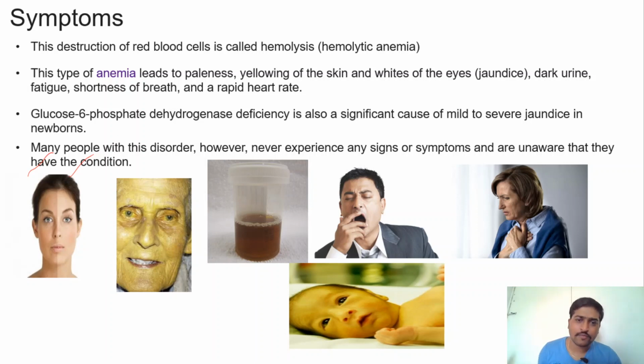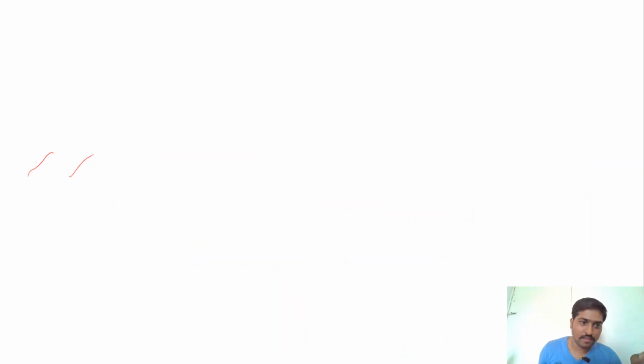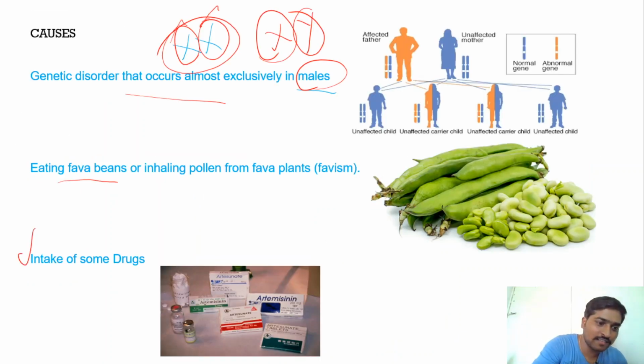And what is the treatment of this particular disease? The treatment is very simple: avoid the drugs which cause G6PD deficiency, and avoid the fava beans which cause G6PD deficiency. That is the best way to treat G6PD deficiency.